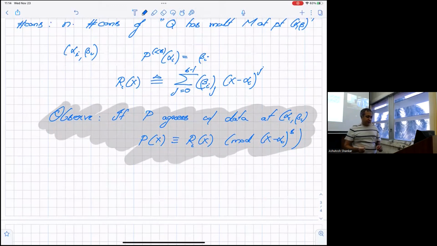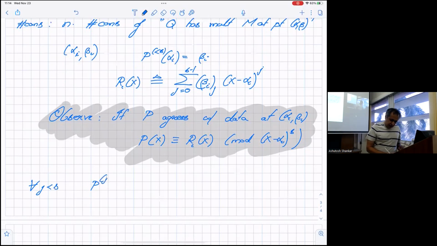So in particular, you could say the following: for all j less than s, if I differentiate P j times, this will be Ri differentiated j times, mod x minus alpha i to the power s minus j.